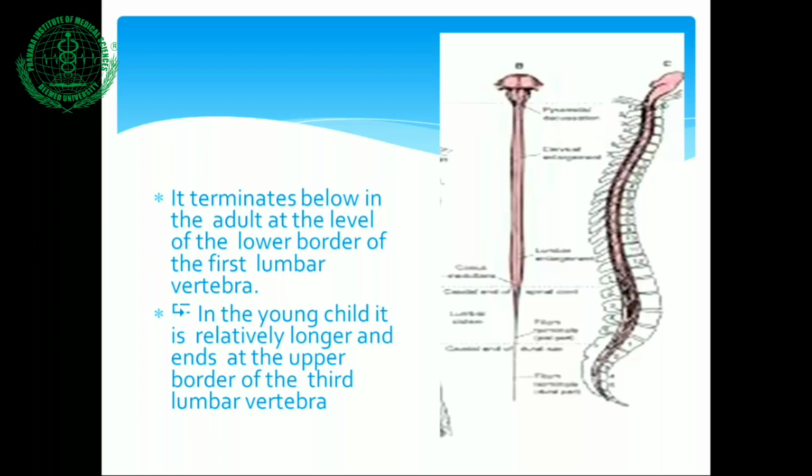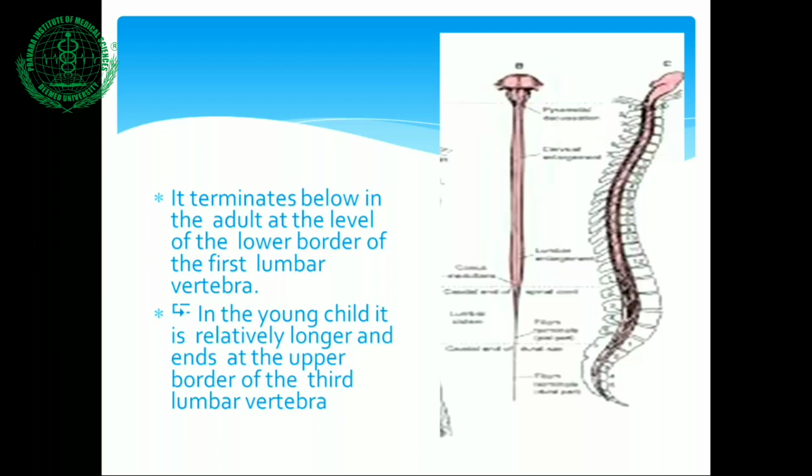So the level of termination of the spinal cord in a young child is at the level of the upper border of the third lumbar vertebra, while in an adult the level of termination of the spinal cord is at the level of the lower border of the first lumbar vertebra.